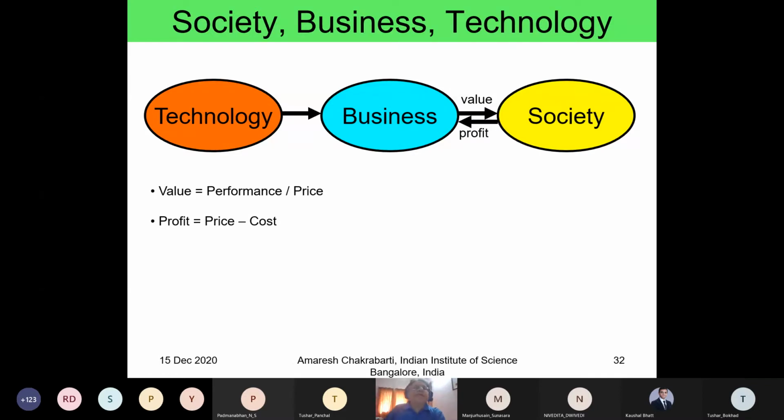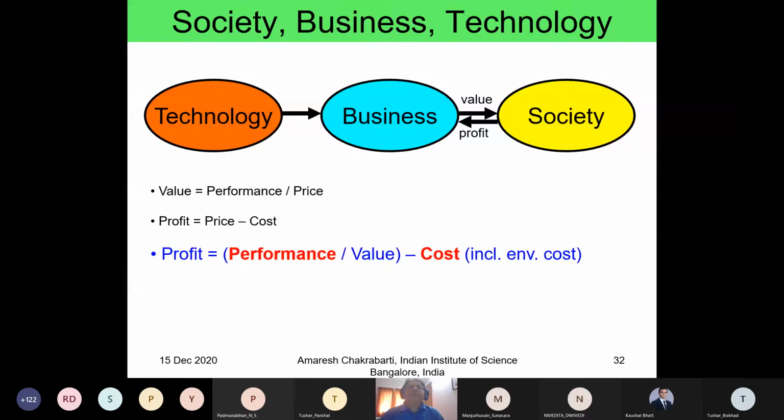Cost is the resources that are used to produce the innovation. Price is the resources that are asked from the society in exchange for the innovation. So if I put one into the other, I can get this kind of relationship: profit is performance by value minus cost. Remember, cost is broadly interpreted, including the cost to the environment.